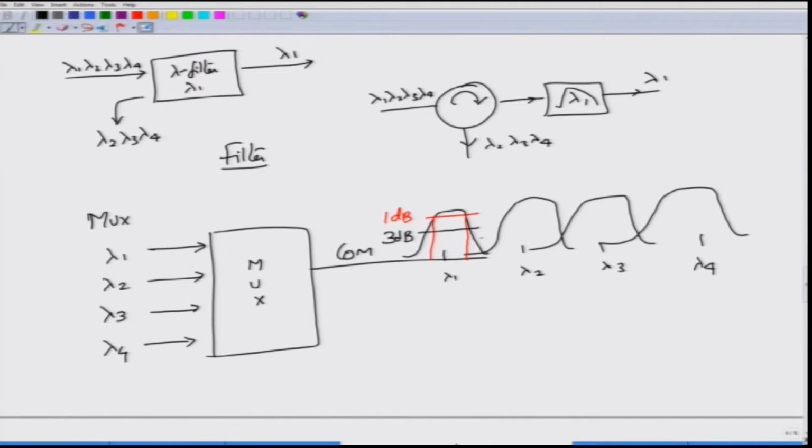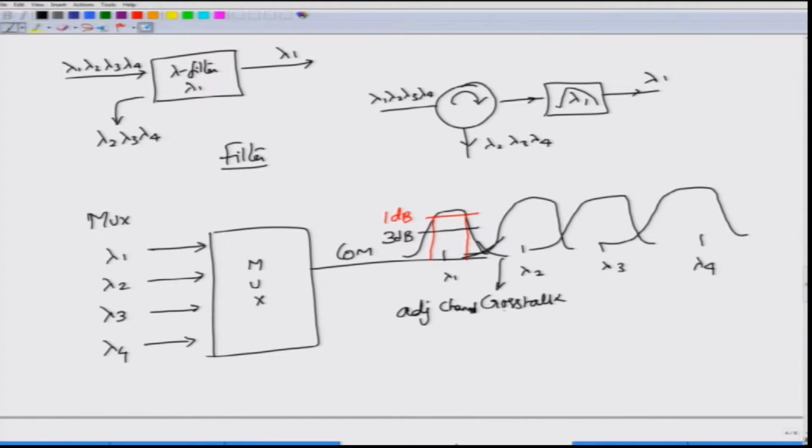You can also see here that a portion of the signal goes into the second region. So, this is causing what is called crosstalk, that is, if I have a signal at lambda 1, a portion of the energy at lambda 1 goes into lambda 2. Because lambda 2 is adjacent to lambda 1, this is called adjacent channel crosstalk, assuming that these are all different channels.